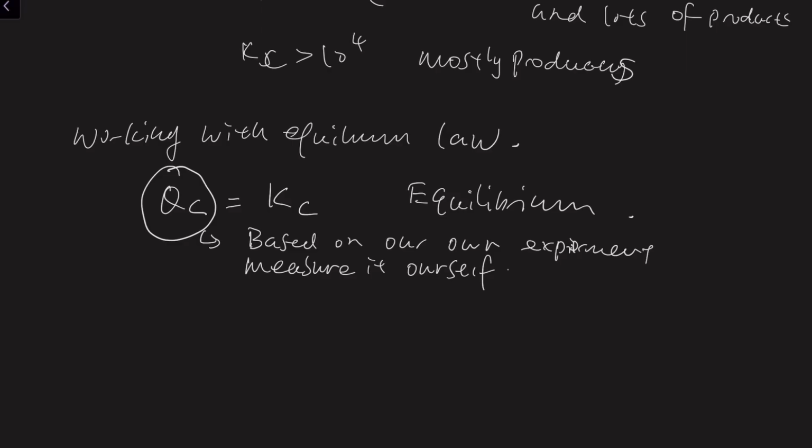So this Kc really acts as a benchmark for us to compare our reaction to. Because usually for many chemical reactions, especially for gas, they are colorless, they are odorless. You cannot tell whether they are at equilibrium or not. But if you can measure the concentration yourself and you know the value of Kc, you can easily tell whether it's at equilibrium or not.